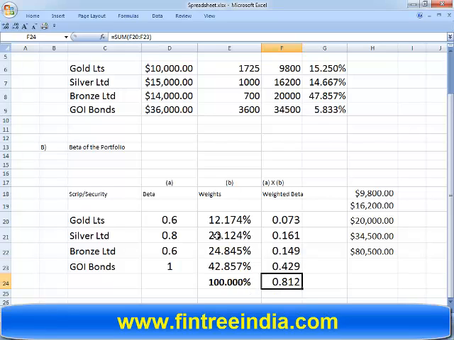The beta of the portfolio would be 0.812. Are we done with beta of the portfolio?